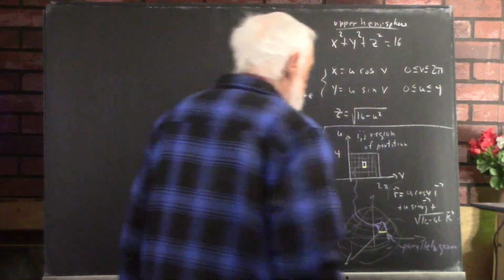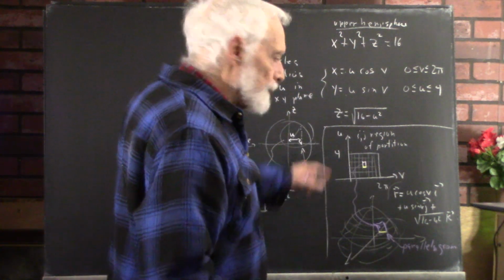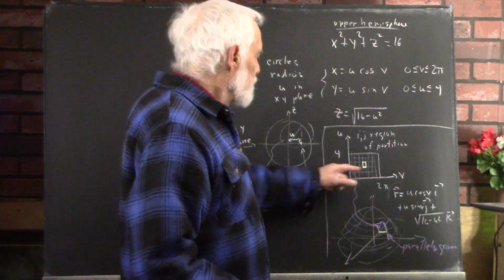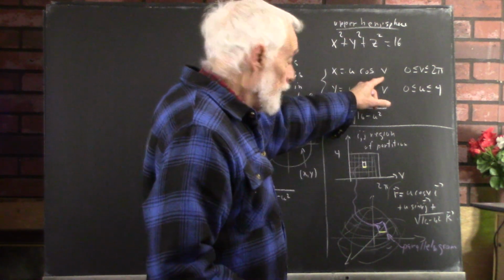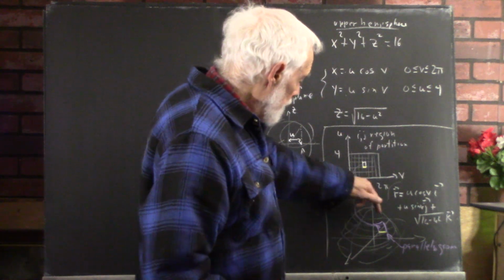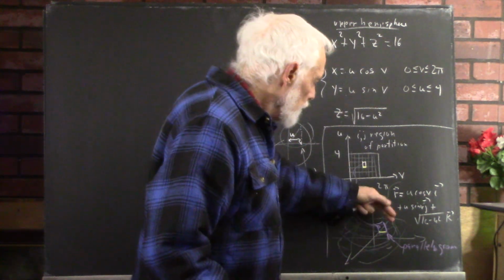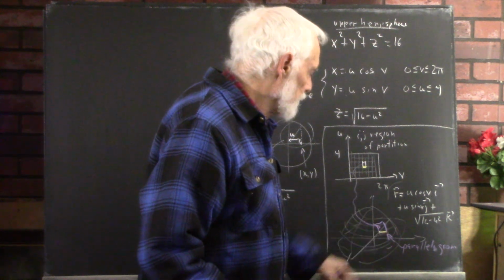I'm not going to worry about which side goes where at the moment. But yeah, this side represents a change in your angle V, and as your angle V changes, you're going to move in this direction. So that's just about right.